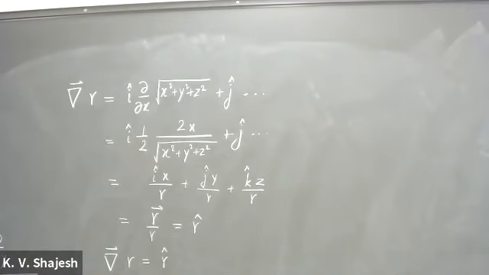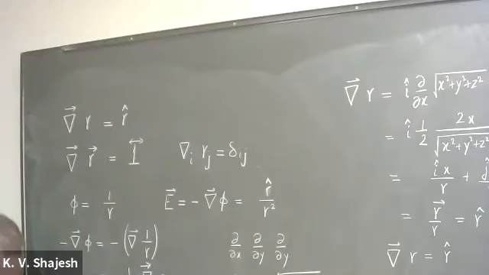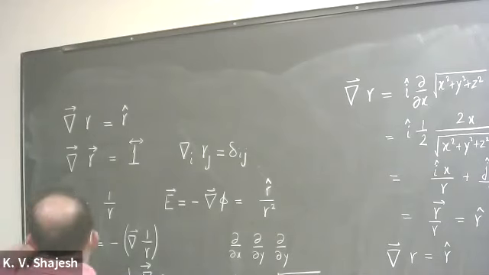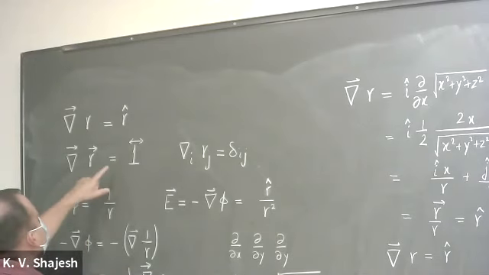And the second relation we already did, right? This was delta ij. Now, where do you use this? So let's do an example where you actually do this again. So I would like to show where you use this also.